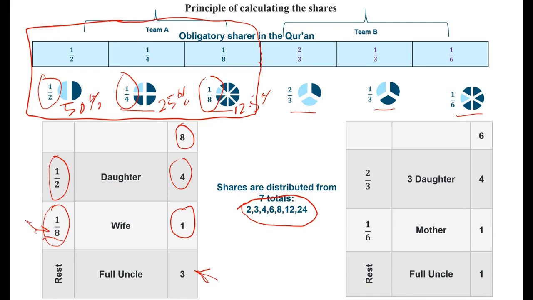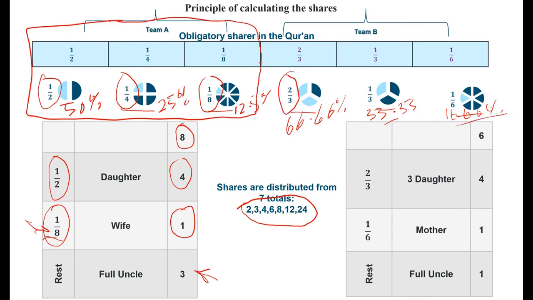And likewise here we have 2/3, which is 66.66%. And then half of 66.66%, which is 33.33%. And then half of this is 16.66%. So we have 2/3, half of 2/3, and half of half of 2/3.